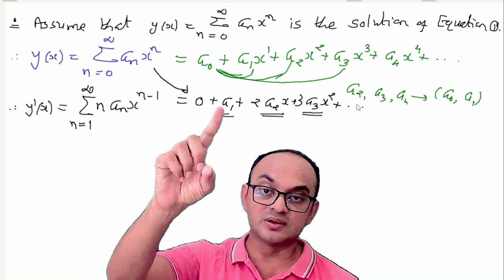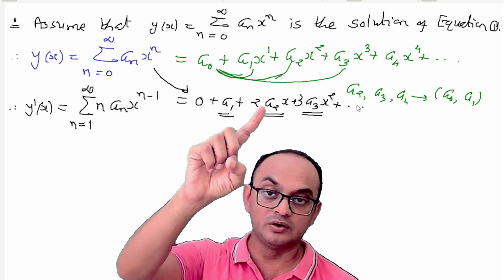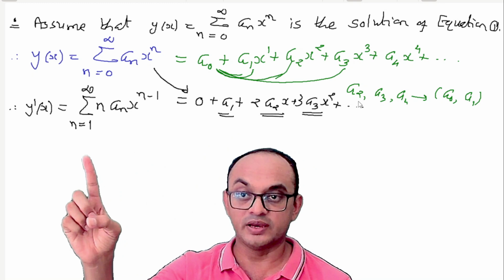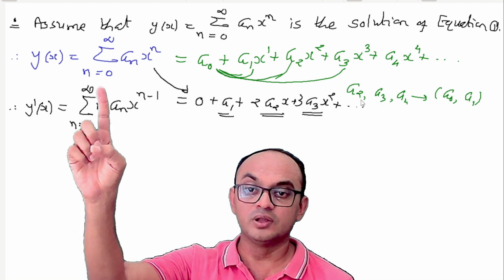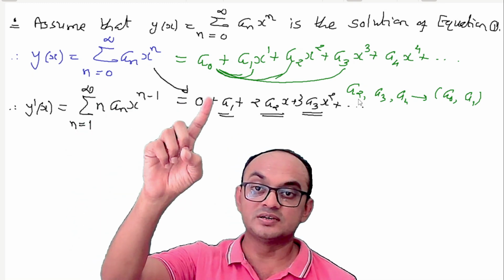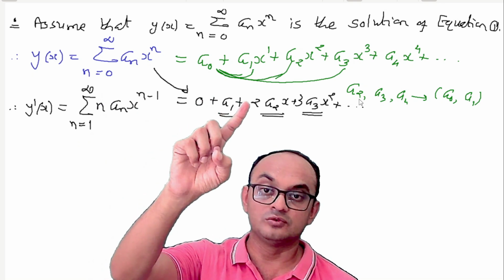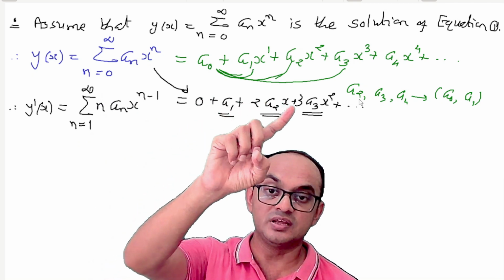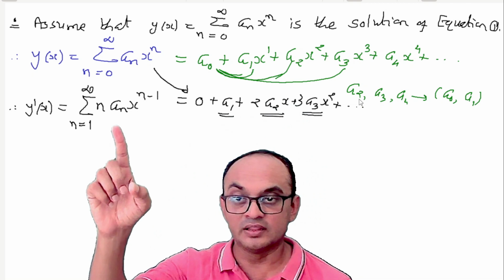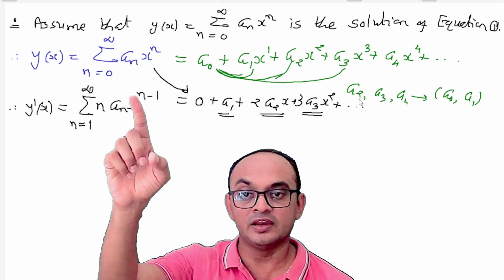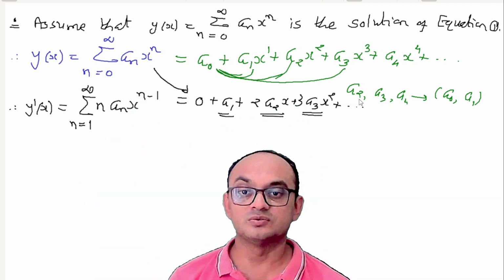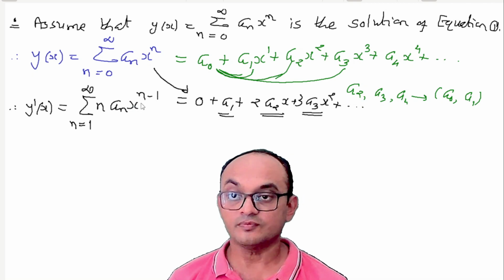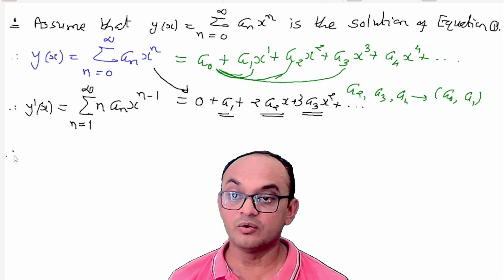So here the suffix is starting from 1, 1, 2, 3 and so on. So n is equal to 1, 2, 3 up to infinity, right? This is 1 into a1, 2 into a2x plus 3 into a3x square, and that is written here as an into x raised to n minus 1. Clear? I need the second order derivative also.